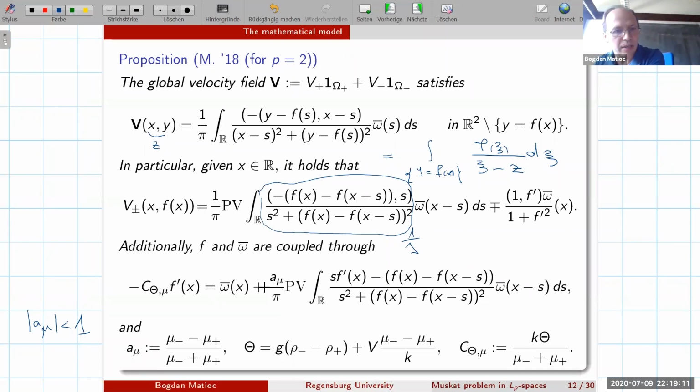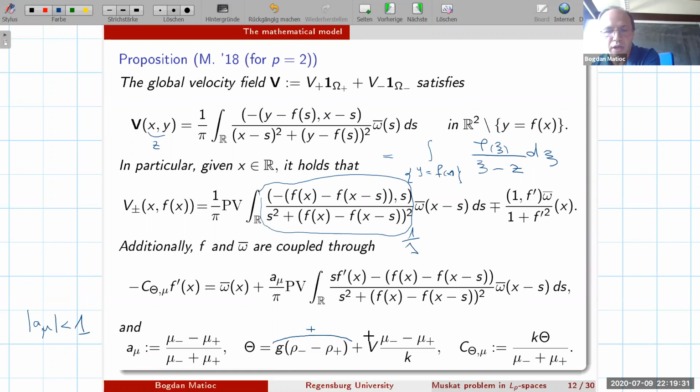Then an important constant is a constant theta, which is a balance between density and viscosity. So we have this gravity term here, which is for the oil-water problem positive because rho minus, the density of water, is larger.